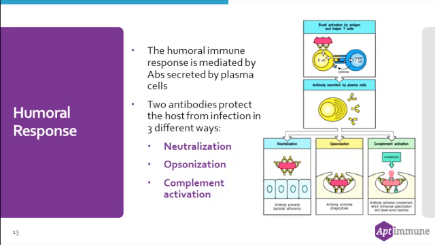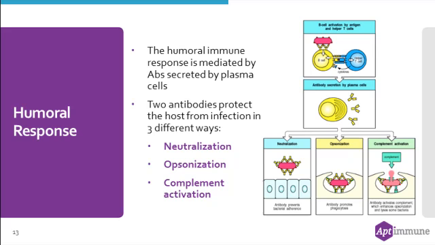They can also opsonize the microbe and allow an antigen presenting cell to uptake the microbe and kill it. Or the antibodies can activate the complement system, which will allow this complex system to perforate and kill the microbe during the uptake process.